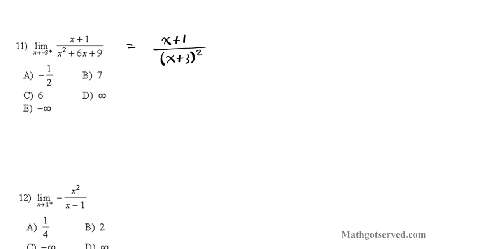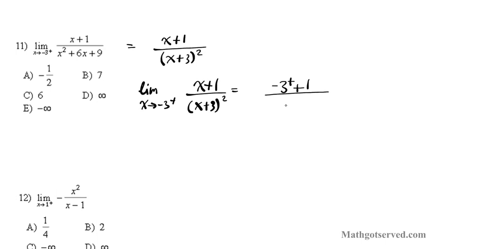All right, so if we take the limit as x approaches negative 3 from the right of x plus 1 over x plus 3 to the second power, we're going to find this by direct substitution. Okay, so we're going to have negative 3 from the right plus 1 on top divided by negative 3 from the right plus 3 squared on the bottom.